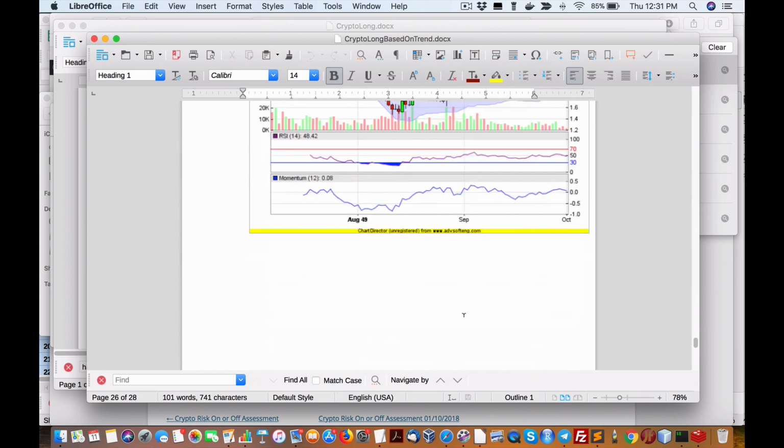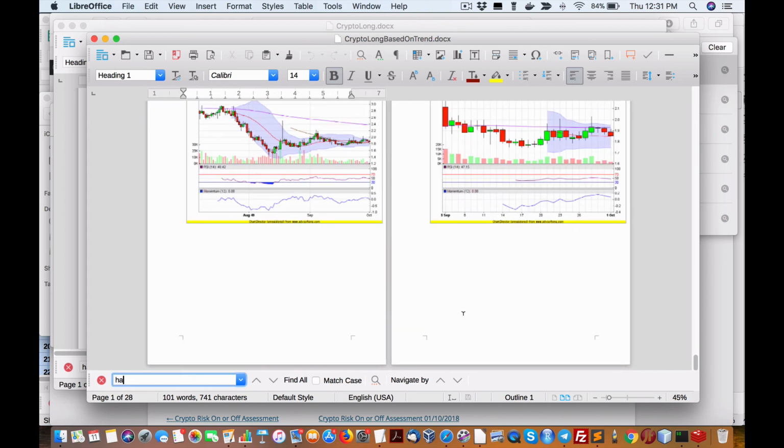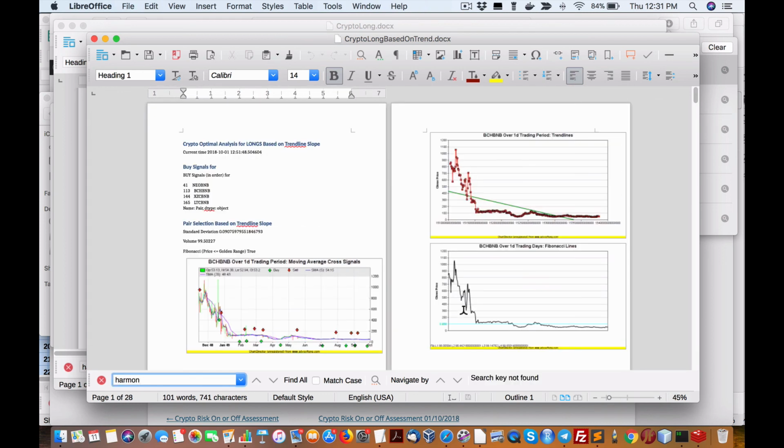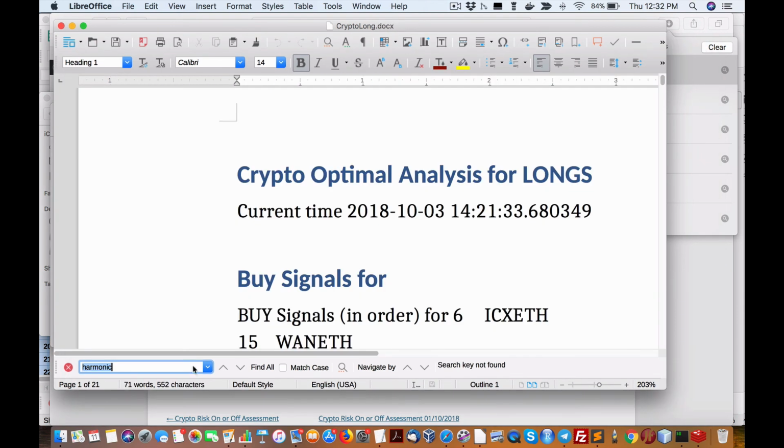How odd. Let's see if I can find harmonic. No harmonic. Candle? This is unbelievable. Okay, head. Interesting.